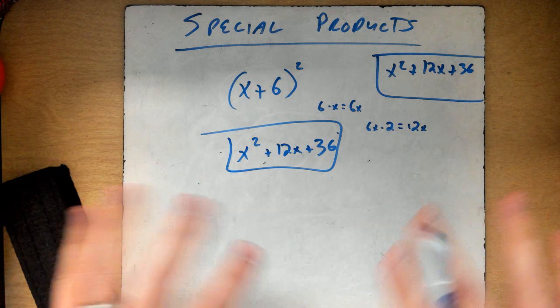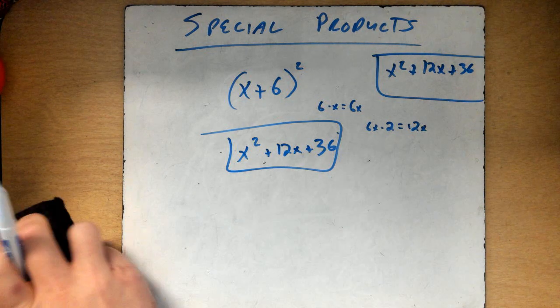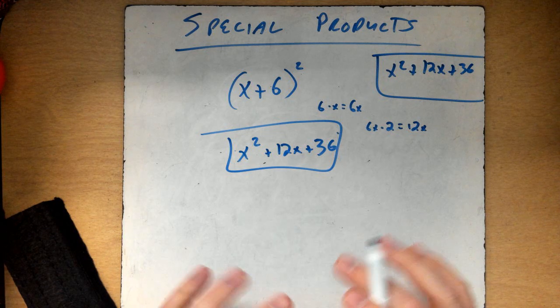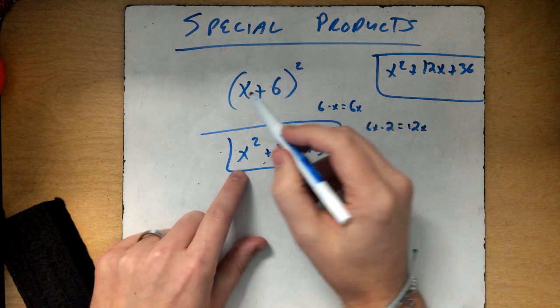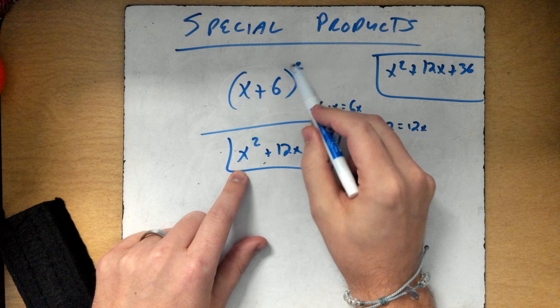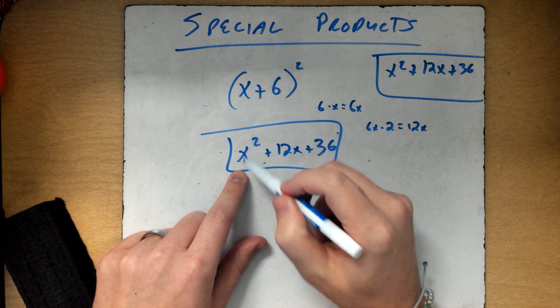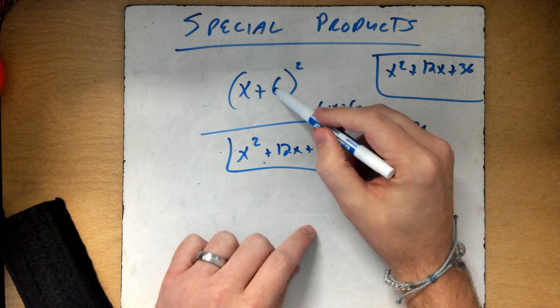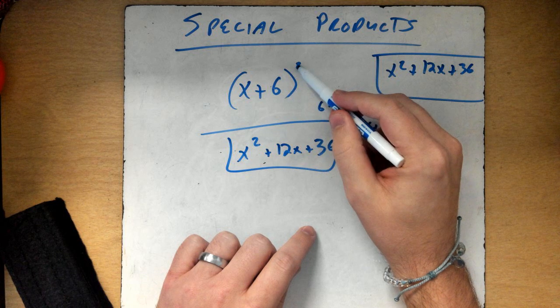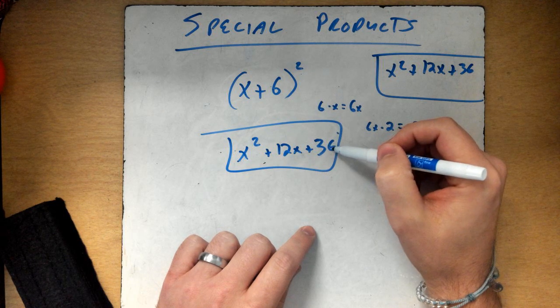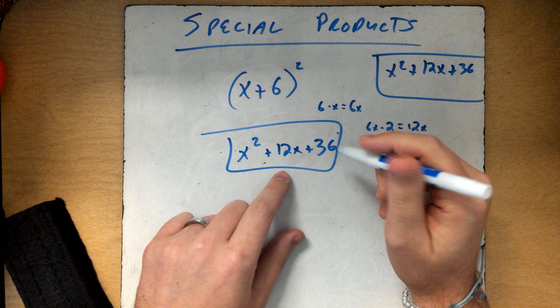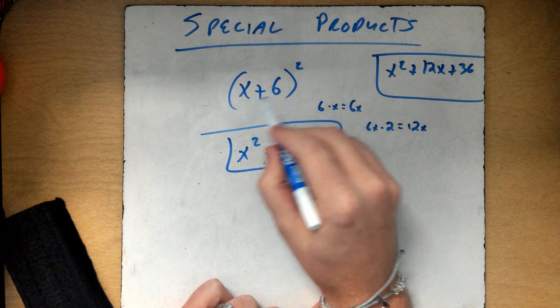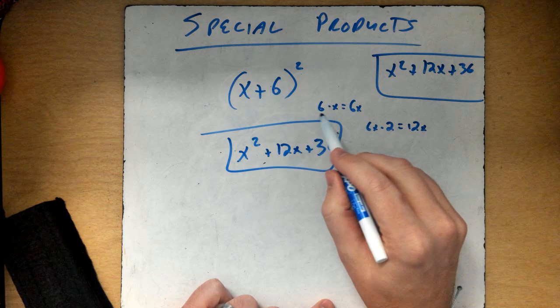Okay, so recap. I know I probably threw you off with that, okay? So once again, our first term, square it, x squared. x to the second power, right? Easy. Square the second term, 6 squared. 6 times 6, 36, okay? Easy, right? Middle term, multiply the two things here, x and 6, so 6 times x, right?